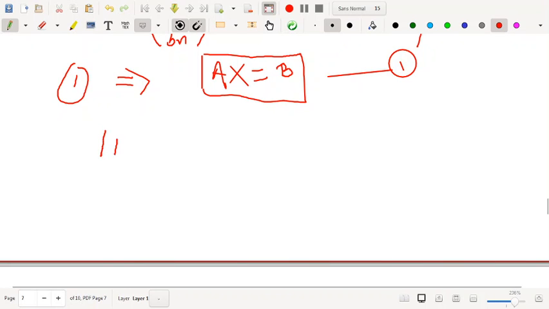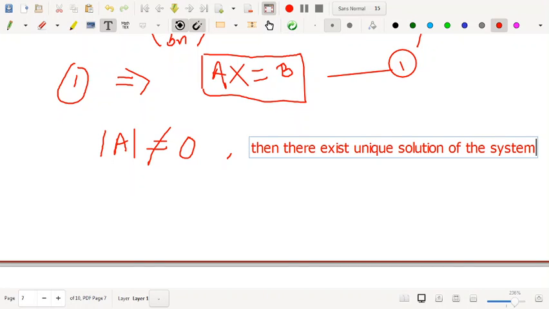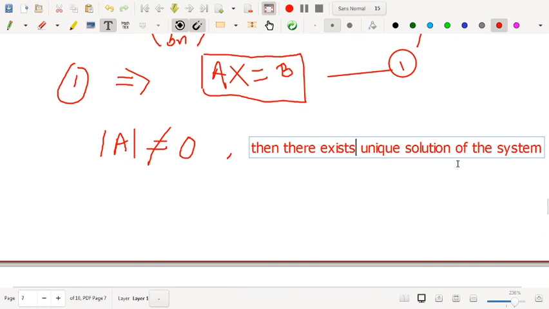Let me write the determinant of A. If this determinant is not equal to 0, then there exists a unique solution of the system.